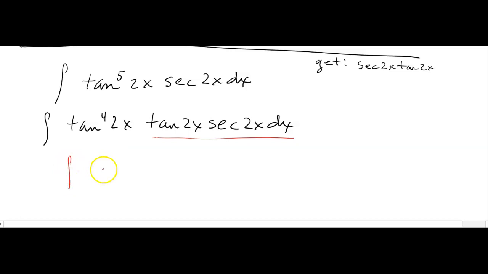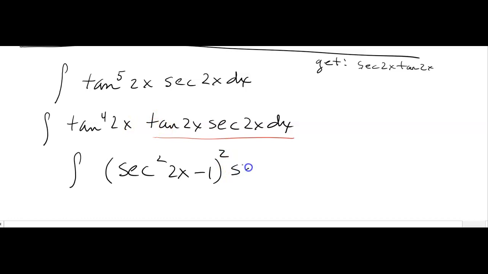Oh, I can get, we know tan squared is simply, by Pythagorean identity, secant squared 2x minus 1. So I've got two of them. I've got a tan squared times a tan squared, so that gets squared.